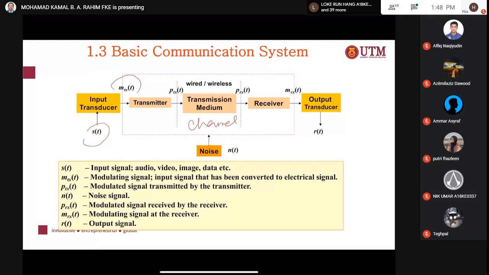Throughout the transmission, we have a modulated signal. The output from the transmitter is actually a modulated signal. We will learn later about this modulated signal, which depends on your input signal, which could be analog or digital.